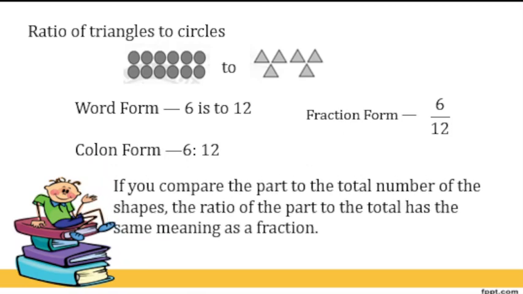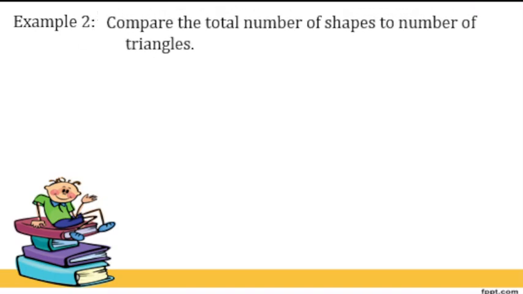Again, if you compare the part to the total number of shapes, the ratio of the part to the total has the same meaning as fraction. Again, let's get the ratio of the total number of shapes to number of triangles.